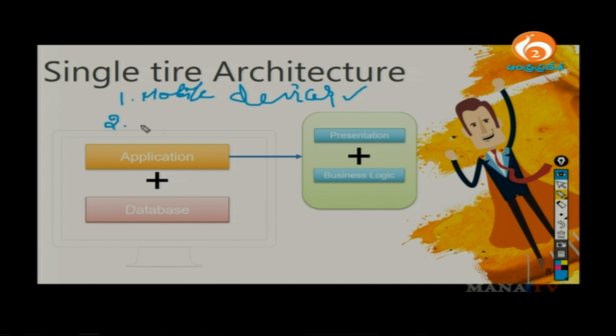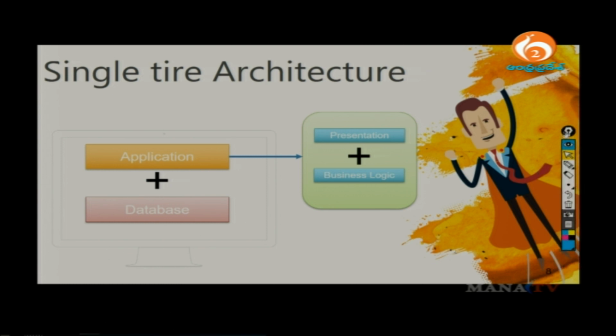Anything which you install on your desktop or on your laptop, all of these come under single-tier architecture. Meaning that people already used a single-tier architecture to design that application. Am I very clear, guys? Please draw this information so that whenever you refer to it next time, it will be very easy for you to understand.